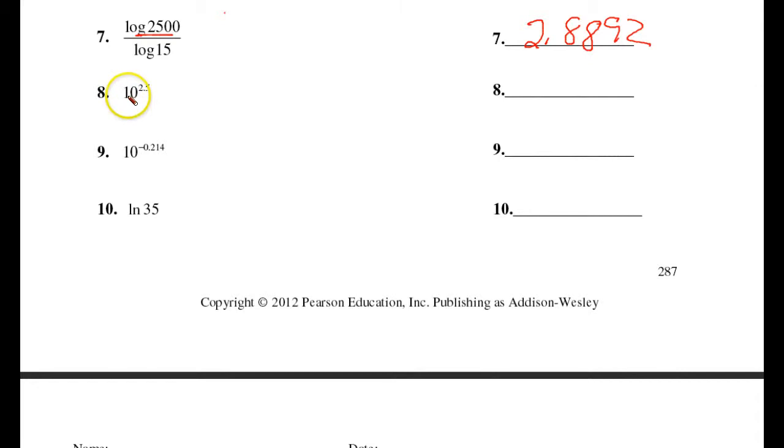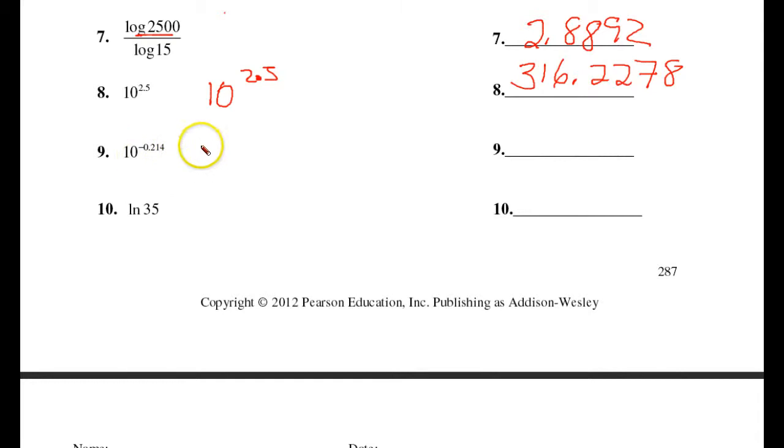Now, if you put this into your calculator, there's no dot there, and you had to be sure to see that point there, you're going to get 316.0228.